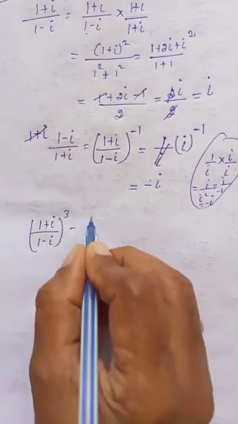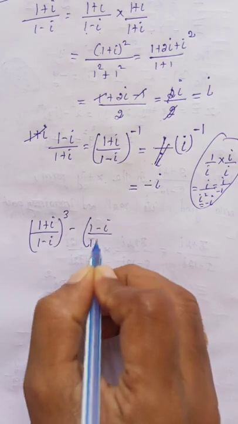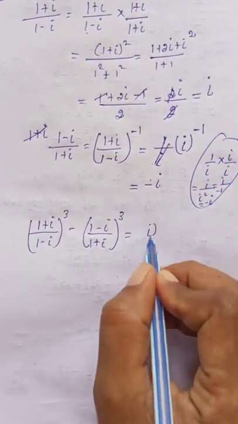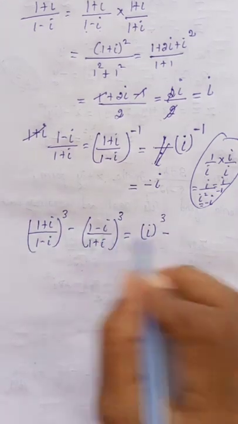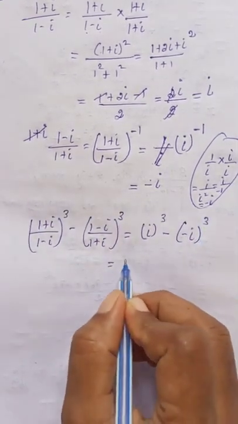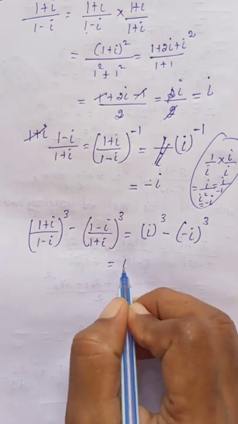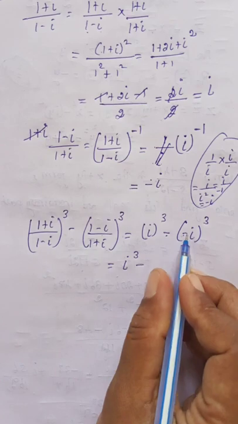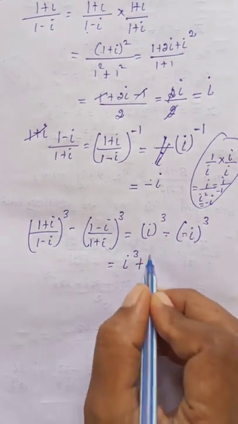Now I am taking down the question, that is ((1 plus i) by (1 minus i)) the whole cube minus ((1 minus i) by (1 plus i)) the whole cube. So actually this is i cube minus (minus i) the whole cube. So we may get i cube, again we may get a minus, so plus i cube.